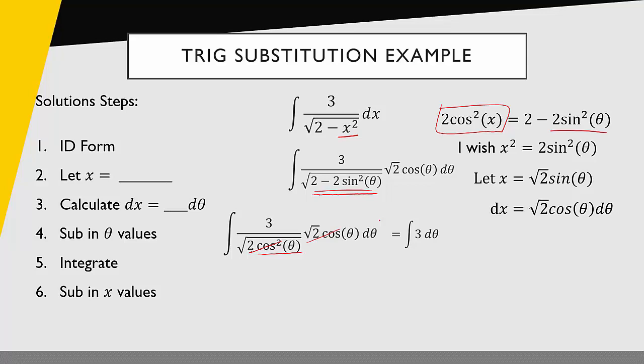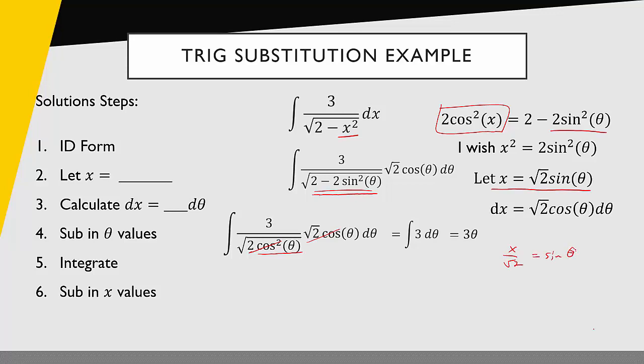So all this simplification has really made my integral much easier. If I integrate 3, I'm going to get 3 theta. And my last step is now to go back and replace theta with what it's equal to in terms of x. How do I do that? Well, I look to my original substitution. I know x equals root 2 sine theta, which tells me that x over root 2 is equal to sine theta.